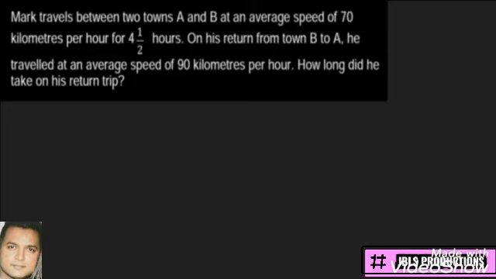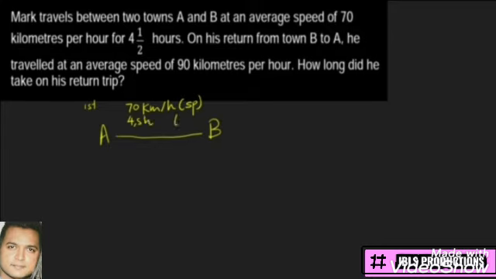So we have two places here, which is A and B. In the first trip, we see that he traveled at 70 kilometers per hour. Now this is our speed, right? And then they told us it was done in 4.5 hours.